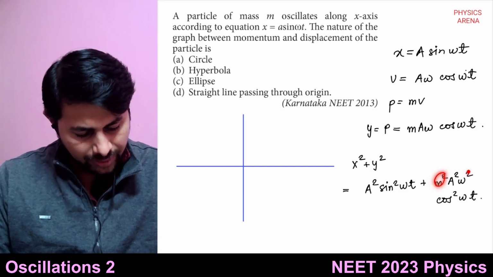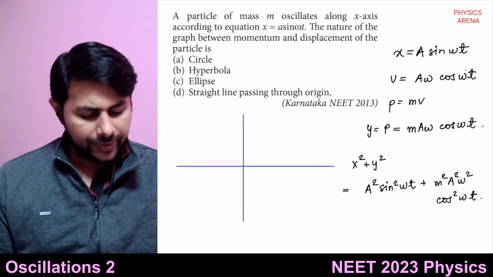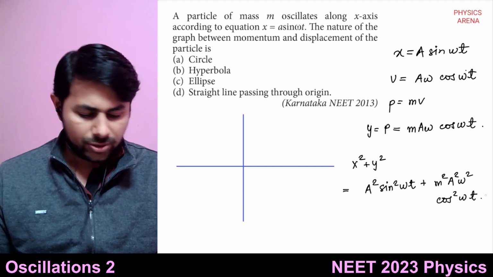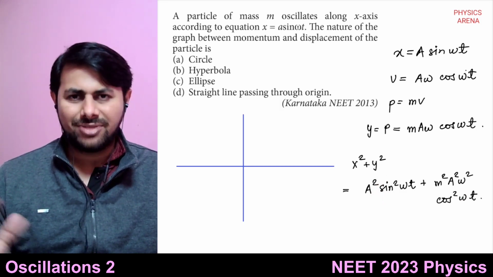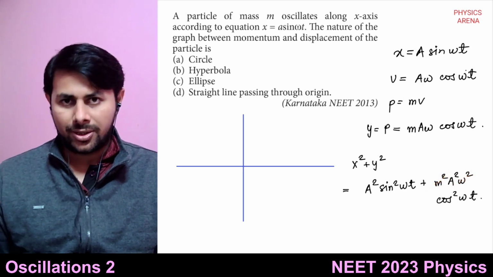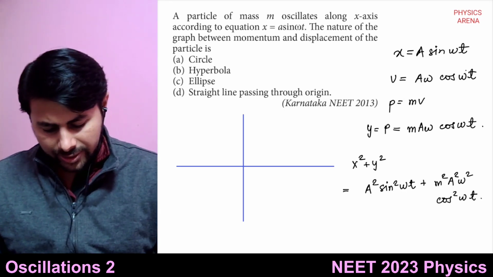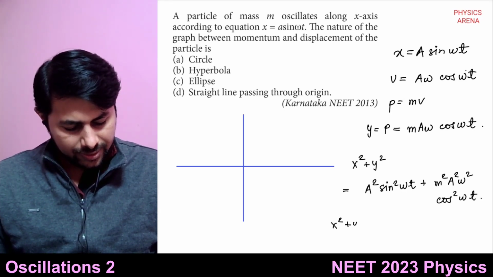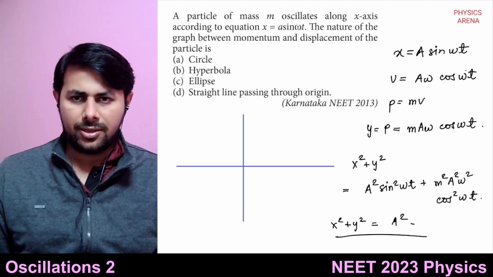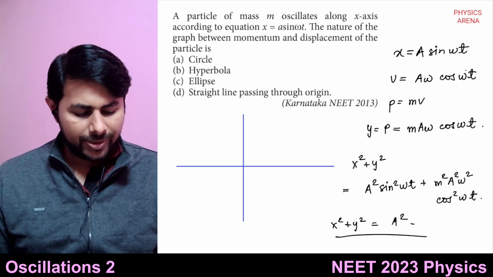So if m and omega are equal to 1, you can take a square common, then it will be sine square omega t plus cos square omega t, that's 1. So if m and omega are 1, then it would be a circle, because this is the equation of a circle. But right now it's not the case. So what will be the answer?